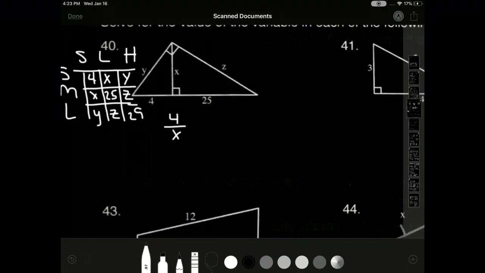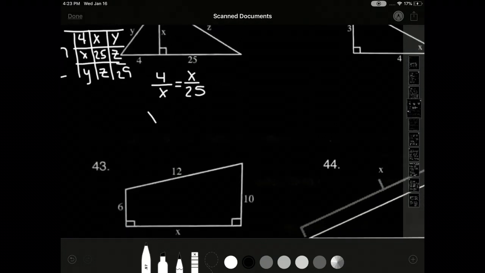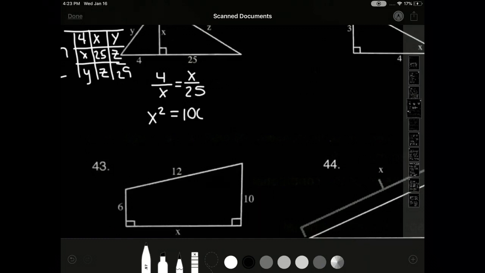The first one that we have is in the upper left corner there. It's 4 over X equals X over 25. So when you do this problem, you get X squared equals 100. And the square root of 100 is just 10.